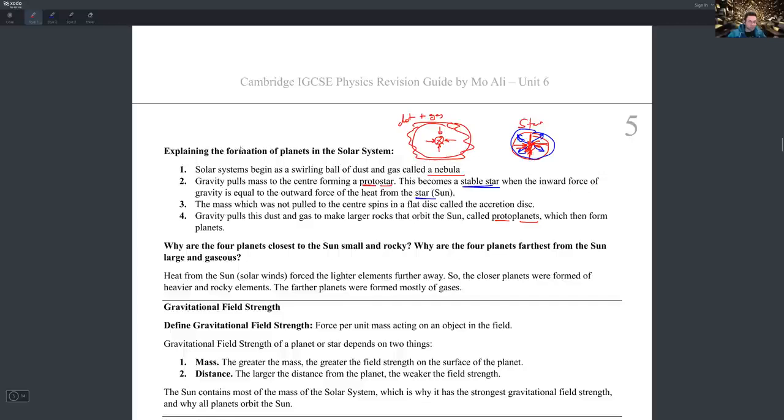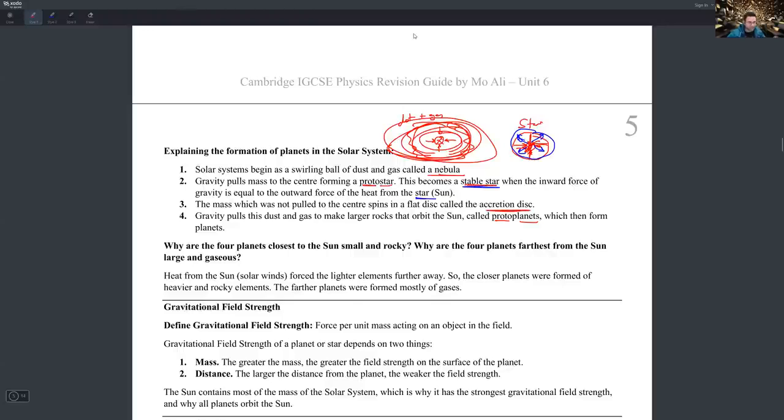So remember, a big cloud of dust and gas. Gravity in the center pulls matter together to form a protostar, and then it's a stable star. The rest of the mass that wasn't pulled is busy swirling around, creating what we call an accretion disk.